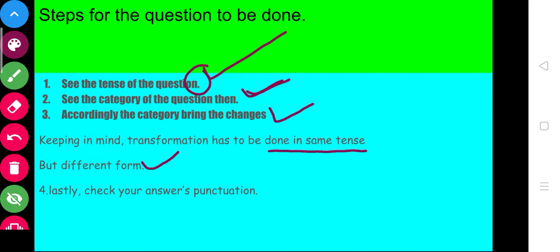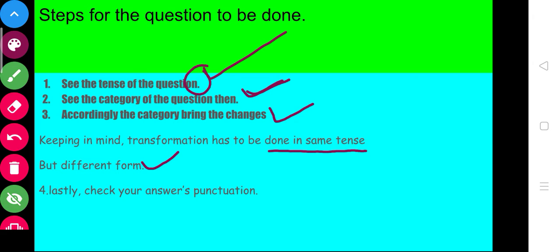If we take an example of a body and a soul, we can wear different dresses, so we change the attire, but the soul and the body will remain the same inside. The tense will remain the same inside. Got it? So the dress, the attire, the form is going to be changed. A little bit of grammatical aspects are going to be changed, but no tense is going to be changed.